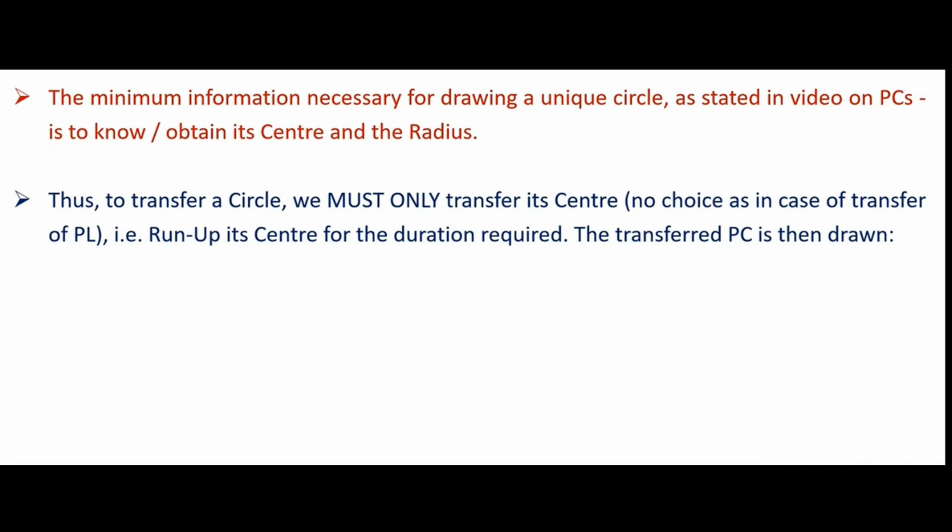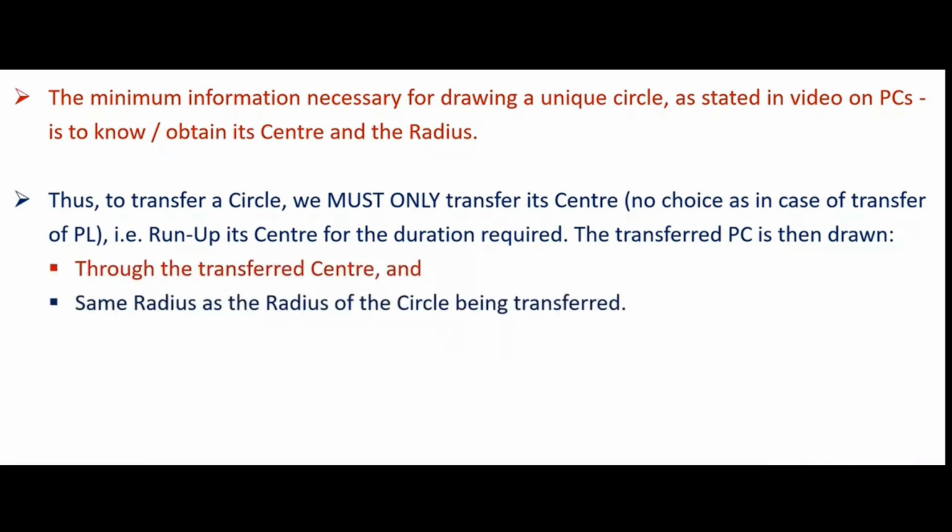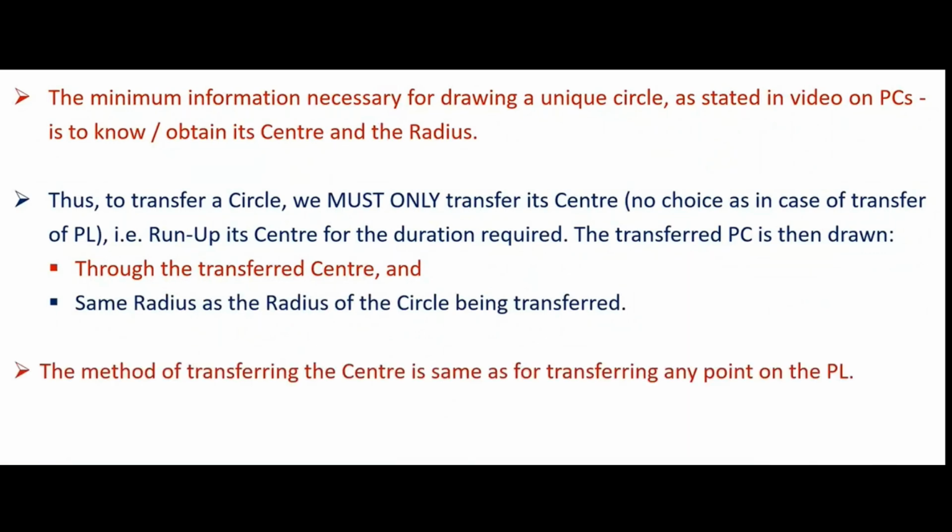That is, run up its center for the duration required. The transferred PC is then drawn through the transferred center with the same radius as the circle being transferred. The method of transferring the center is the same as what we learned in the method for transferring any point on the PL.